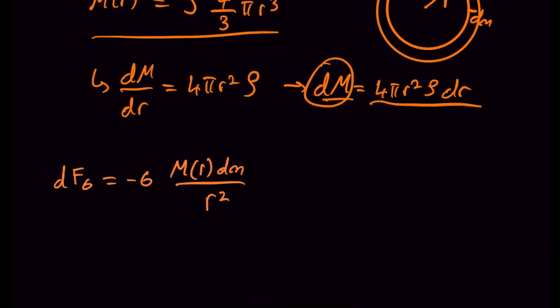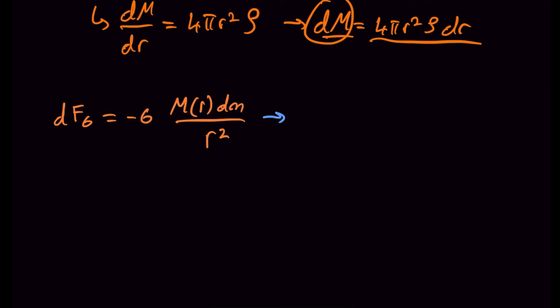And now we can just plug in what we have found to solve this equation. So by writing down this dm here, we get that dF_g is equal to minus G m_r 4 pi r squared rho dr over r squared.